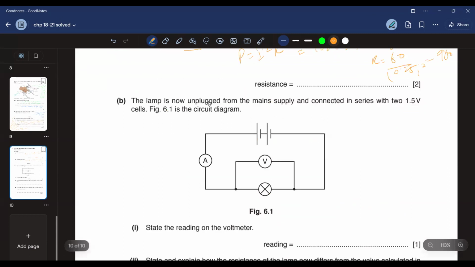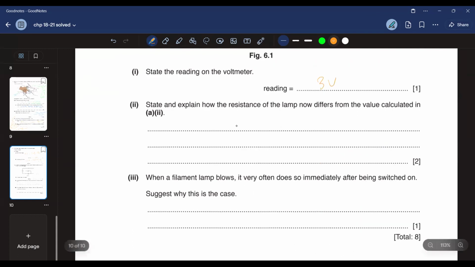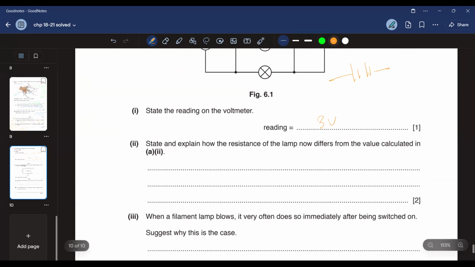अब उन्होंने बोला है कि the lamp is now unplugged from the main supply and connected in series with two 1.5 cells. अगर two 1.5 cells हैं तो total voltmeter की रीडिंग कितनी शो हो रही होगी? 3. Yes, because when EMFs are connected in series, वो add up होती है. So can you explain how the resistance of the lamp now differs from the value calculated in A?